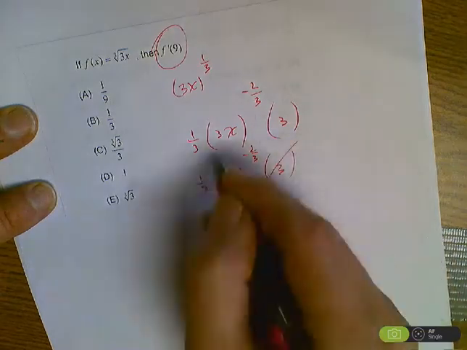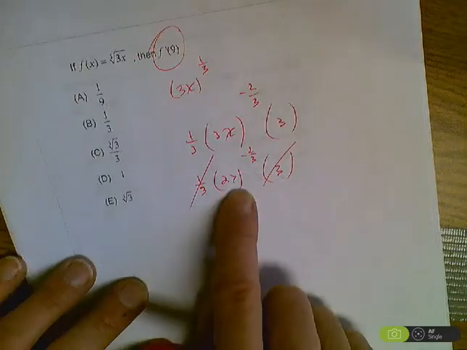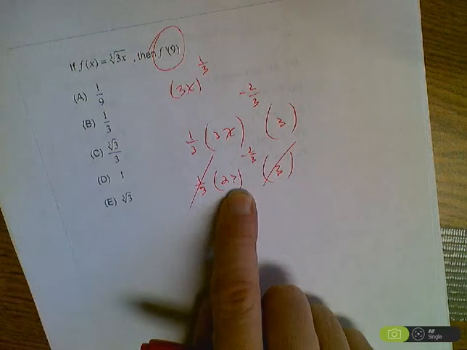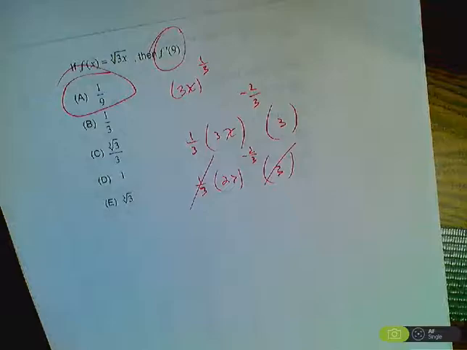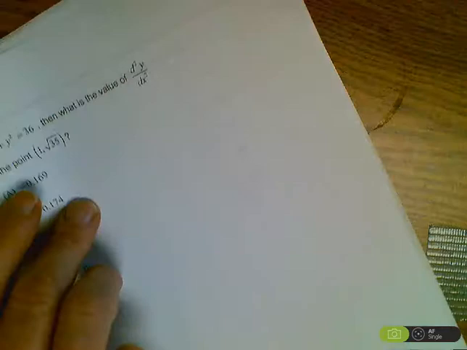This 3 will cancel with that 3. So I just have to evaluate. What is the cube root of 27, which is 3? Okay, what is 3 squared? It's 9, with a negative, 1/9. I'm looking for 1/9. There, we got it. Okay. So evaluate that as quick as you can. You get 1/9.